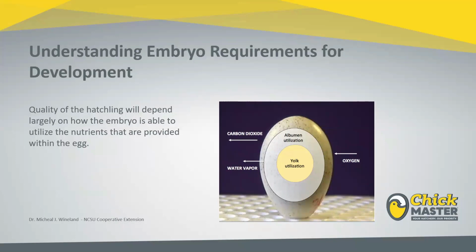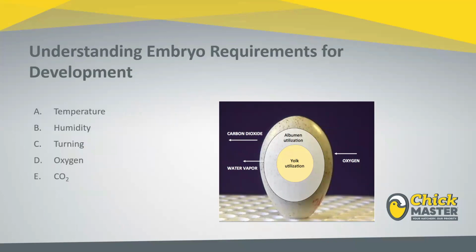If incubated correctly, it is able to utilize these things as nutrients. The basic requirements for embryonic development are temperature, humidity, turning, oxygen, and CO2, which all play an important role in incubation. We want to discuss today how ventilation plays a key role in allowing us to manage these processes.